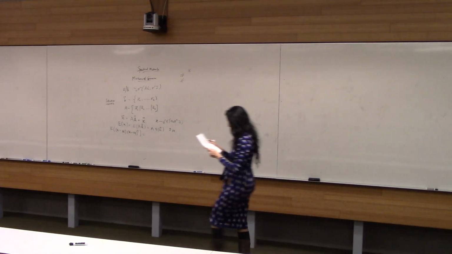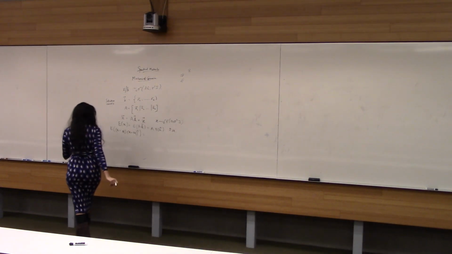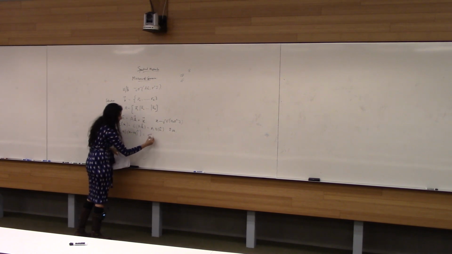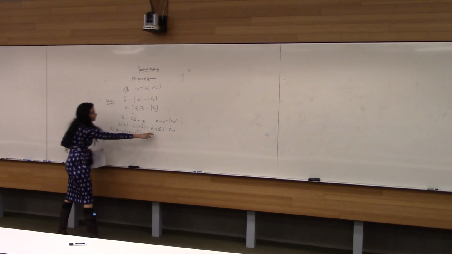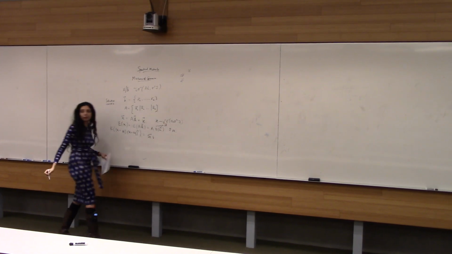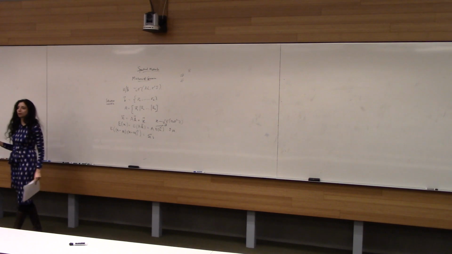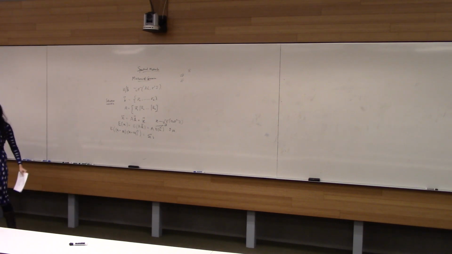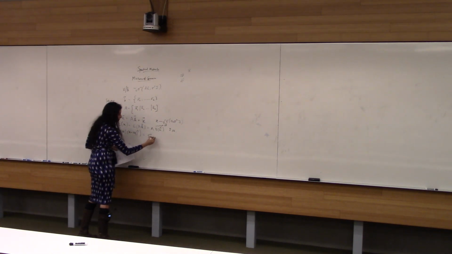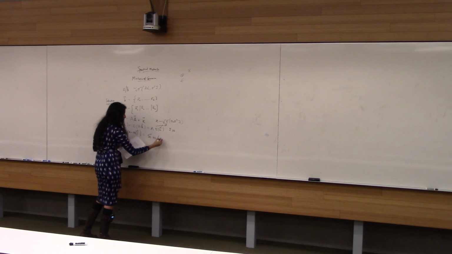I'll call it W. This is the vector of the component proportions. Each component has a certain proportion, or selection probability, which I'll call W. This is also a vector, by the way.